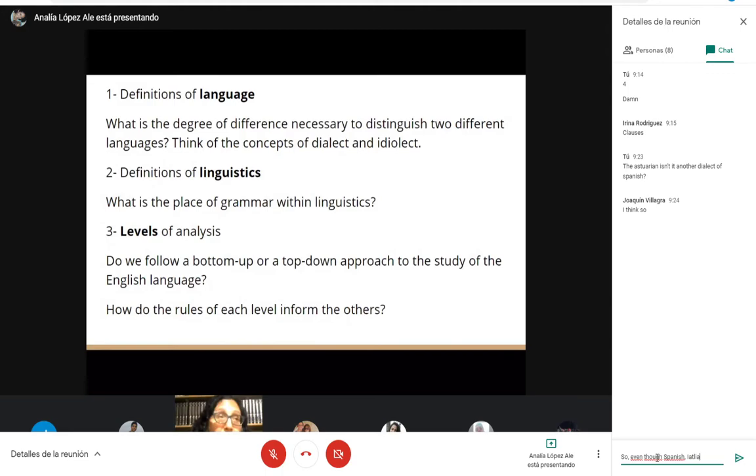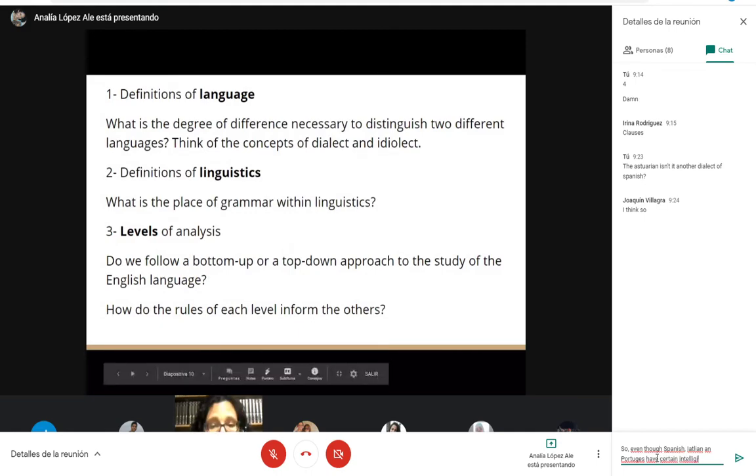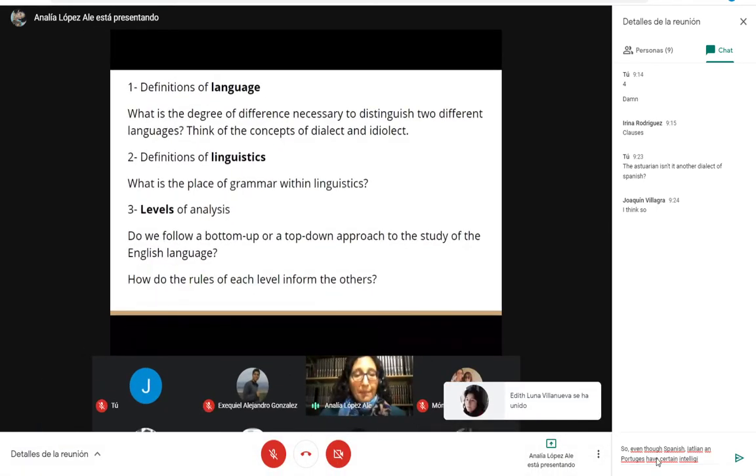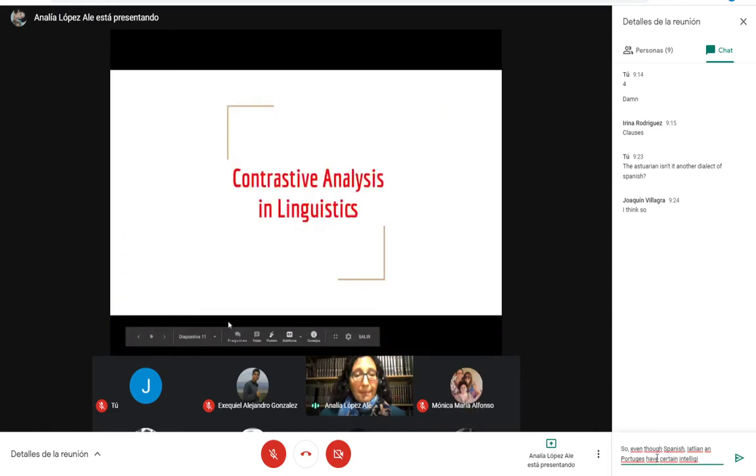But if I go to Brazil, the level of understanding is less and less. In Brazil, they don't speak a different dialect of Spanish, but a different language. Portuguese definitely is a different language.